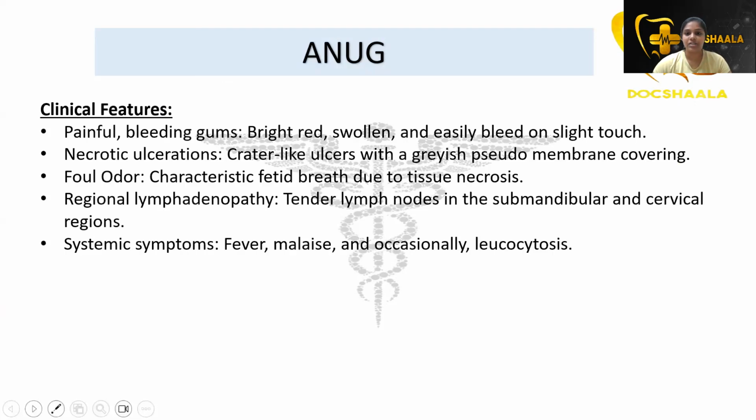So the clinical features, this is the main important slide. The clinical features include painful bleeding gums, bright red, swollen, and easily bleed on touch. Okay. So you have to remember this. And the necrotic ulcerations. The necrotic ulcerations are like crater-like ulcerations with a pseudomembrane covering.